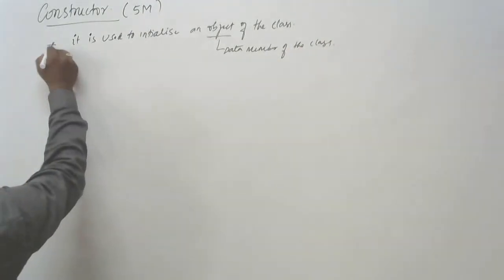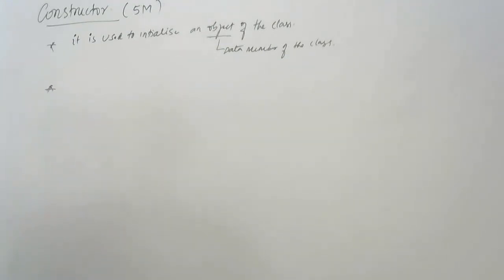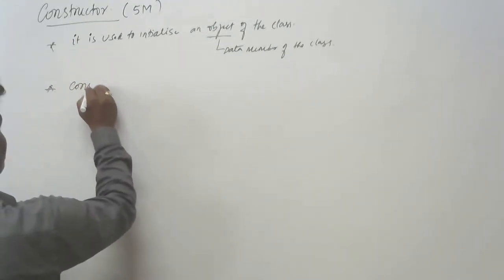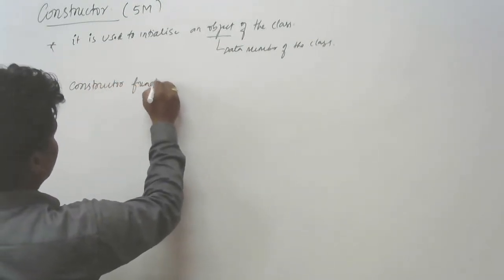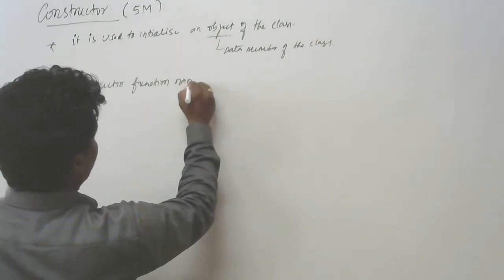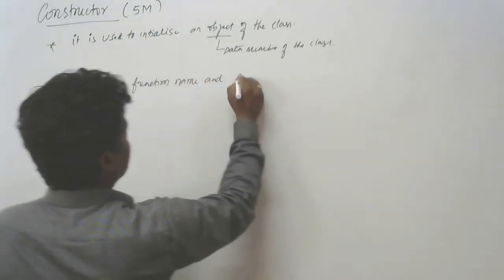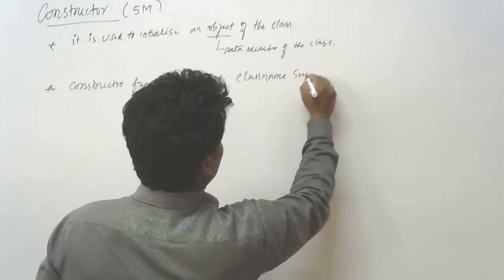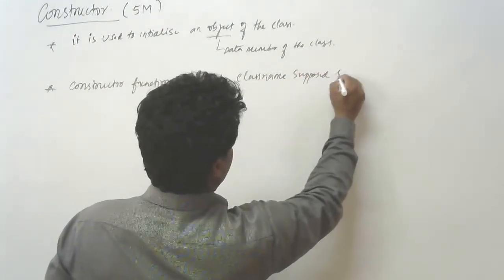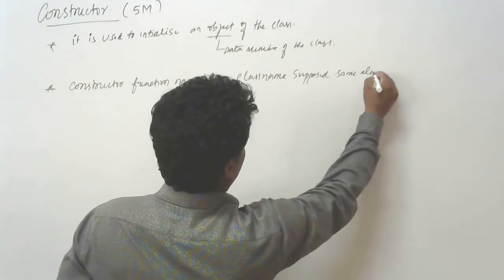This is the first point. Second point, the constructor function name and the class name are supposed to be the same always.